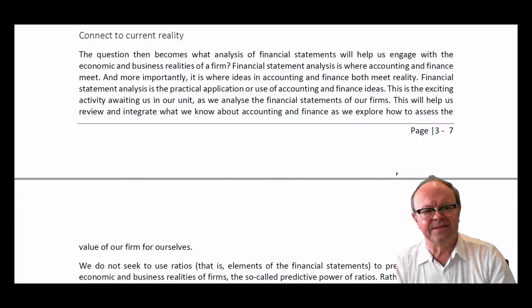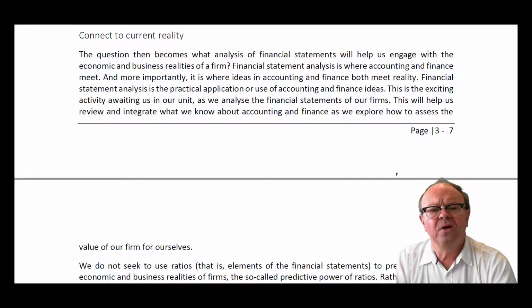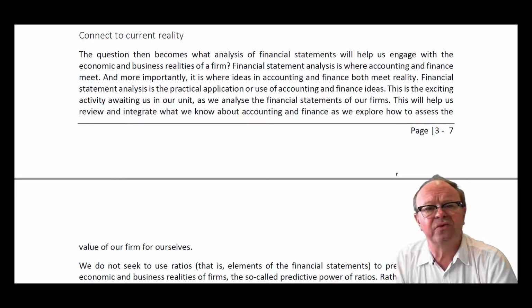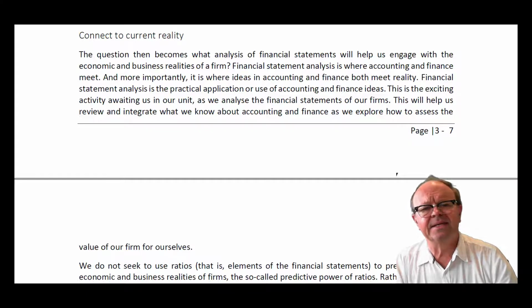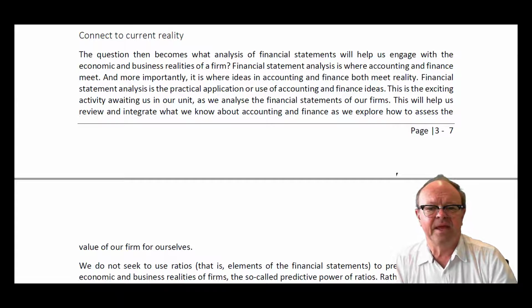Connect to current reality. The question then becomes, what analysis of financial statements will help us engage with the economic and business realities of a firm? Financial statement analysis is where accounting and finance meet. And more importantly, it is where ideas in accounting and finance both meet reality.